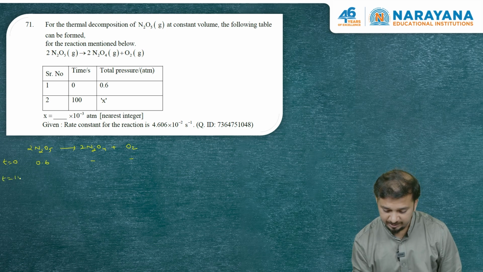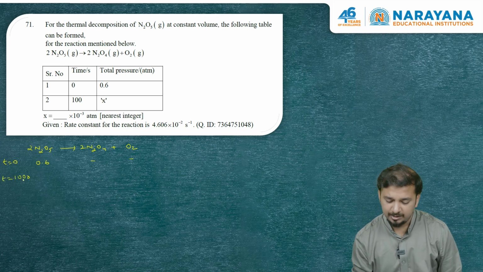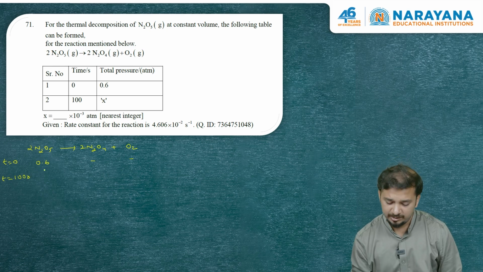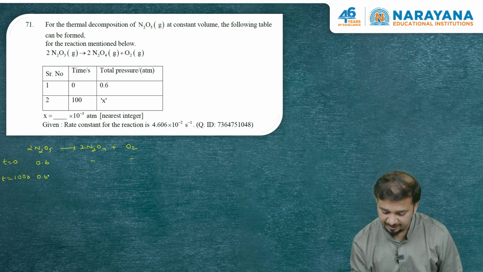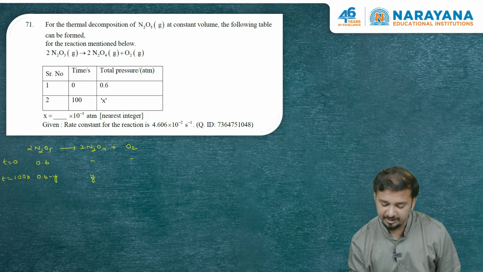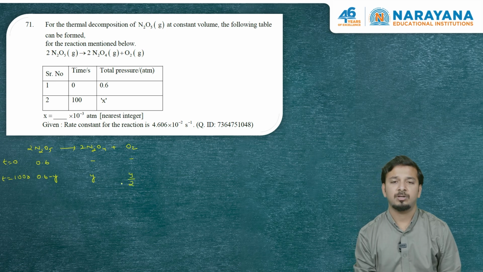At 100 second, what will happen? Some amount of N2O5 will be converted to N2O4 and O2. So let's say Y is the decrease in the pressure of N2O5. So Y will be increase in the pressure of N2O4 and Y by 2 will be increase in the pressure of O2.